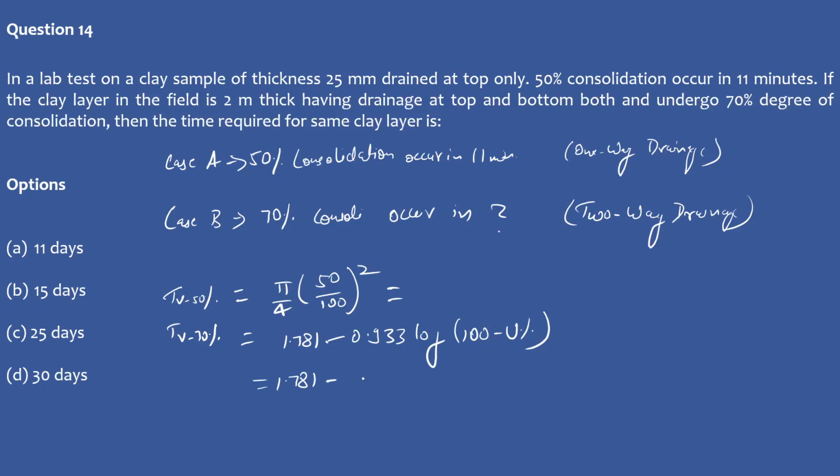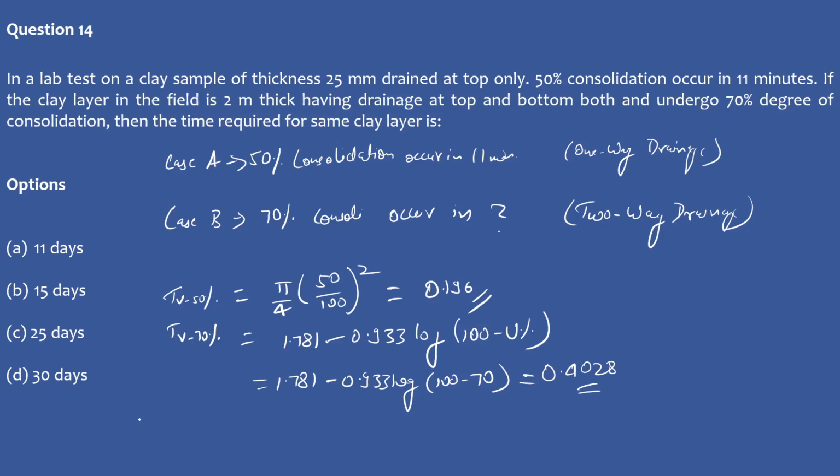So 1.781 minus 0.933 log of (100 minus 70). So if you check this, you get 0.196 for the first case, and for the other case, 0.933 log 30, then 1.781 minus answer, so this is your other Tv, 0.4028.